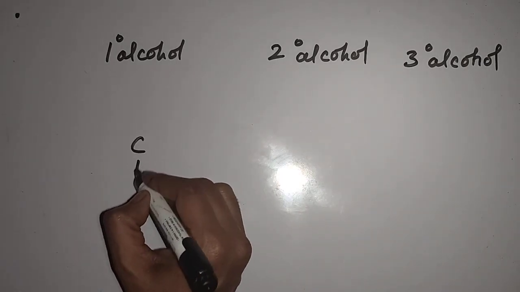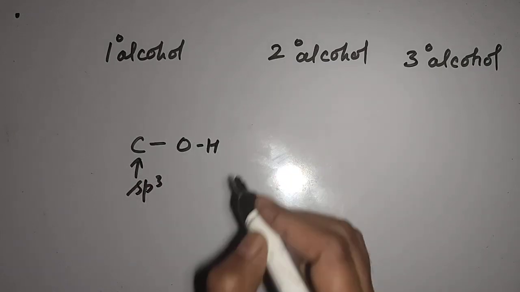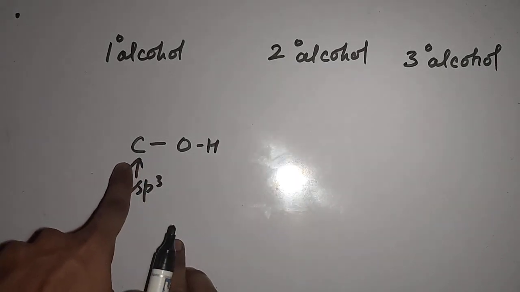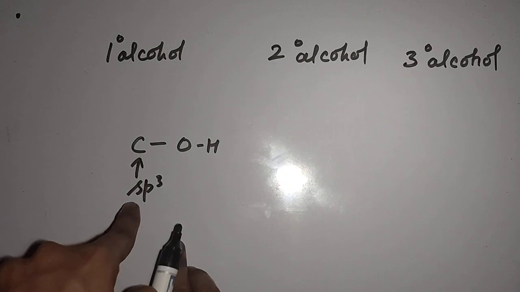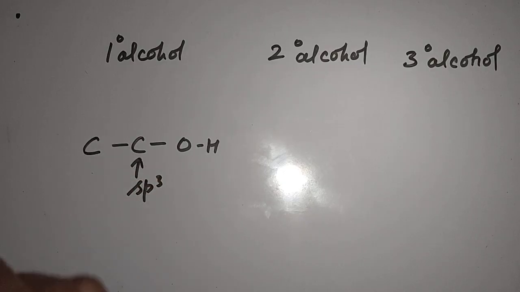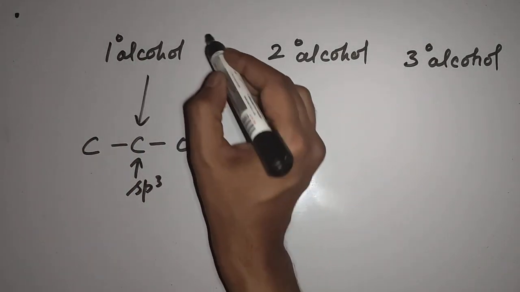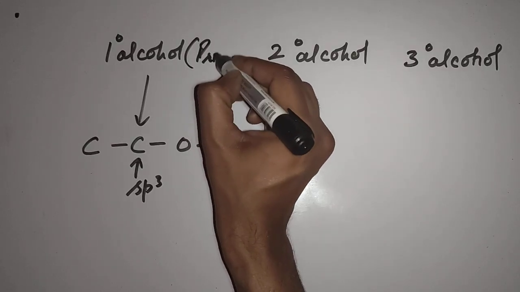A carbon which is sp3 hybridized connected with OH. Watch carefully, this carbon should have a hybridization of sp3. It is connected with OH, and is further connected with a single carbon. Such alcohol will come in the category of 1 degree alcohol, which is also known as primary.